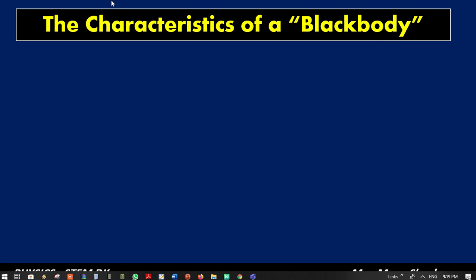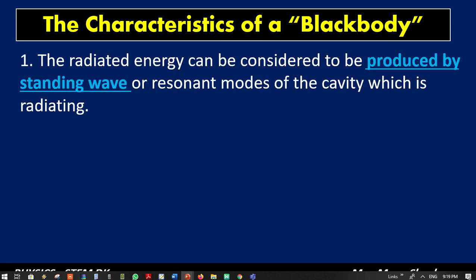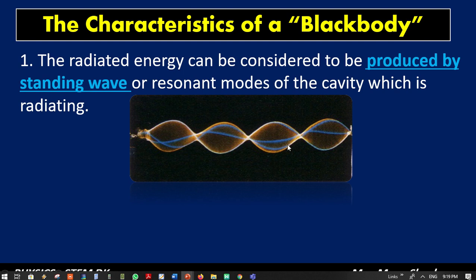Okay, the characteristics of a black body. Number one, the radiated energy can be considered to be produced by standing waves. What are standing waves? They are waves that are incident and reflected on themselves with the same amplitude and the same wavelength.